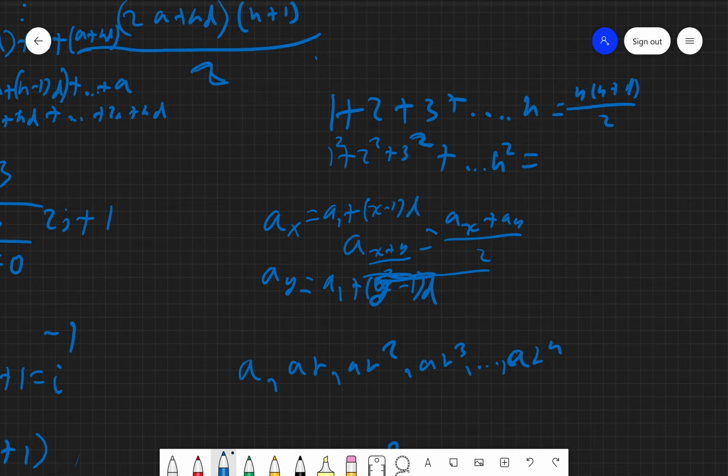And yeah, it won't be too hard, don't worry. So if we add this, what we're gonna get is n times n plus 1 times 2n plus 1 over 6, I think. Yeah. So now let's do sum of cubes.